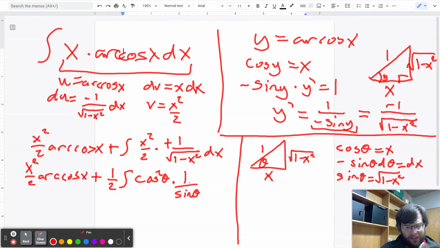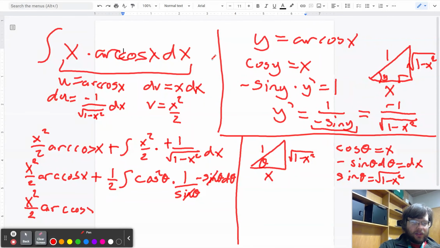And then dx is equal to negative sine theta d theta. And then that can cancel out with sine of theta. So we're getting somewhere. We still kind of have a tough situation. Arc cosine x. I'll pull the negative in front, so minus 1/2 integral of cosine squared theta d theta.